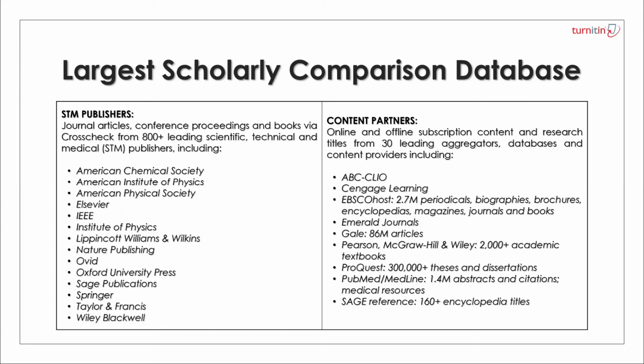Turnitin also has content partnerships with the leading aggregators, for example Cengage, EBSCOhost, Emerald, Pearson, ProQuest. So these are the list of publishers and aggregators that Turnitin has all the contents of in the database.